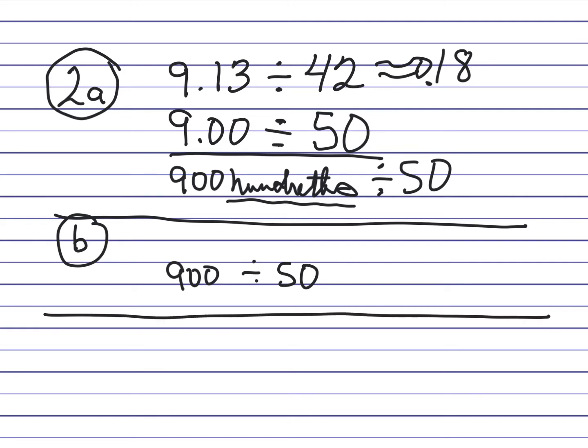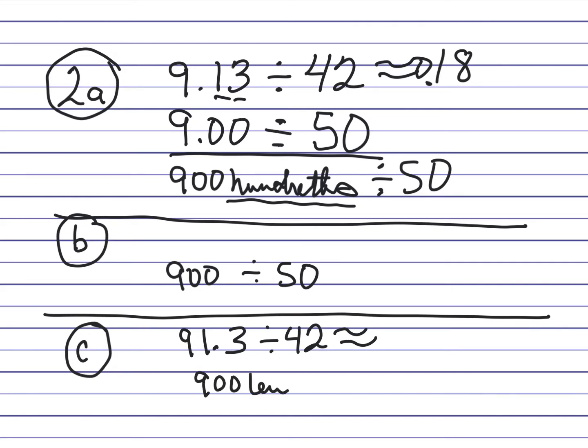Okay, let's look at C. Here you're estimating 91.3 divided by 42. So think back to your units. Up here we went to the hundredths place, but here we're only going to the tenths place. So we could say we have 900 tenths would be our unit, divided by 50.